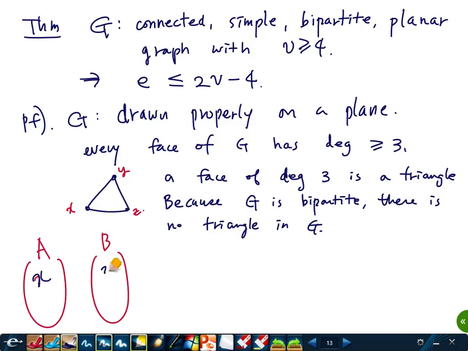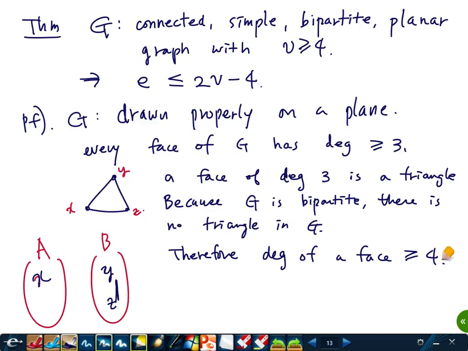That means Y and Z are on the same side, but then there is an edge connecting 2 vertices on one side, so it's impossible. A bipartite graph cannot have a triangle. In fact, a bipartite graph cannot have a cycle of odd length, by the same argument. Therefore, the degree of a face is always greater than or equal to 4, not 3. We have a better bound.